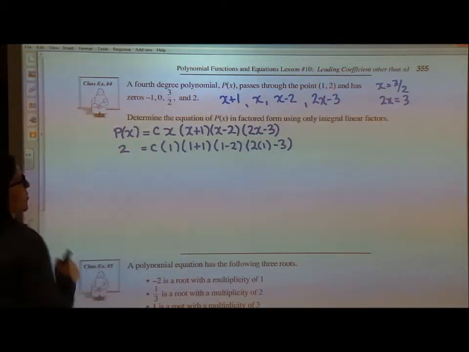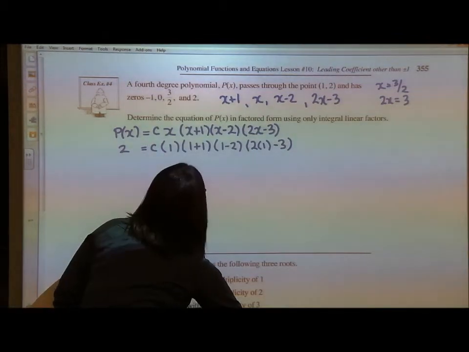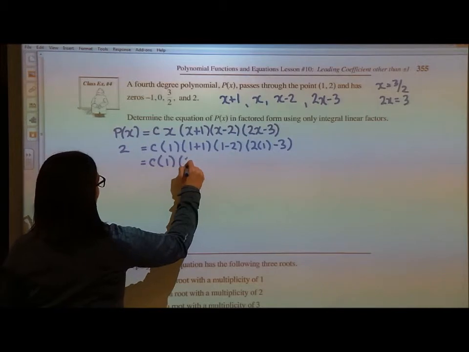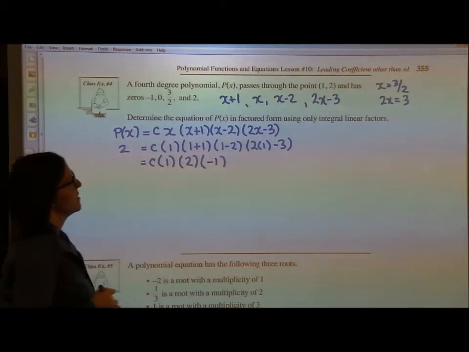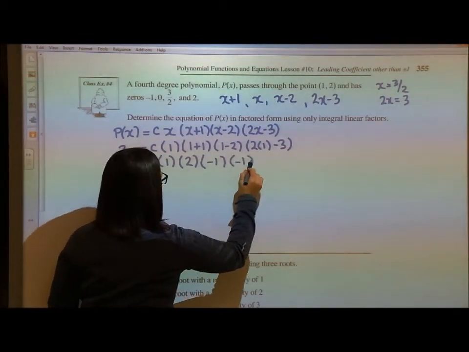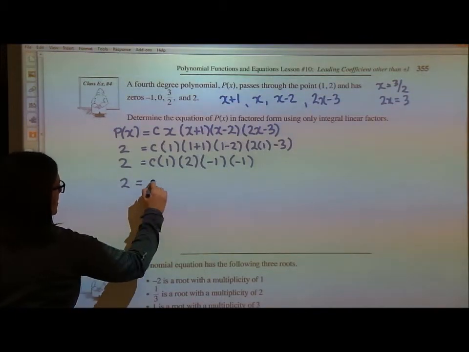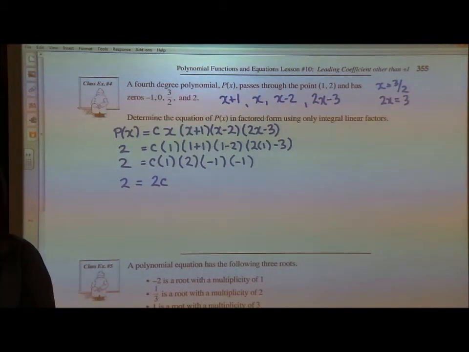And P of x would equal 2. So I get 1 plus 1, or sorry, 1 plus 1 is 2. 1 minus 2 is negative 1. 2 times 1 is 2, minus 3 is also negative 1. So 2 equals 2c. And what does c equal?